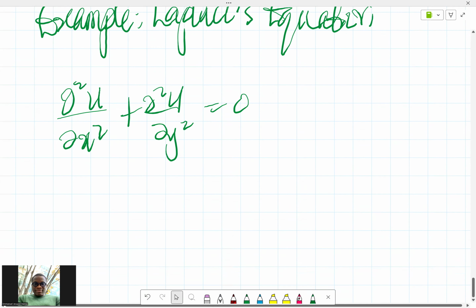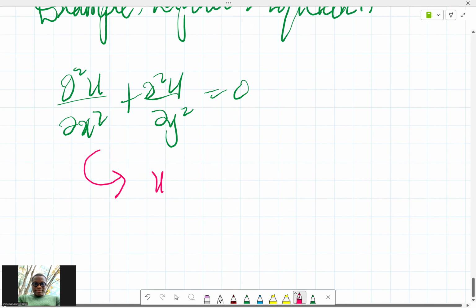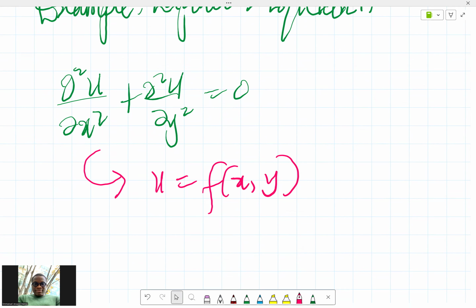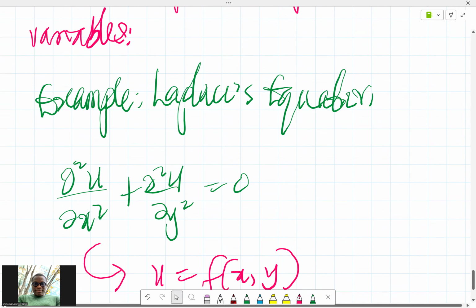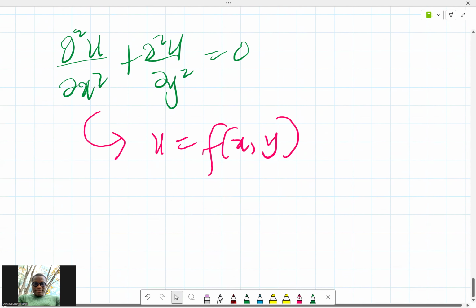You see partial is what we use here. What it simply tells us is that now we have u to be a function of both x and y, whereas up here we have y depending on x. Once we have more than one independent variable, any derivative you get from that is going to be a partial derivative, because you're now going to differentiate with respect to those.